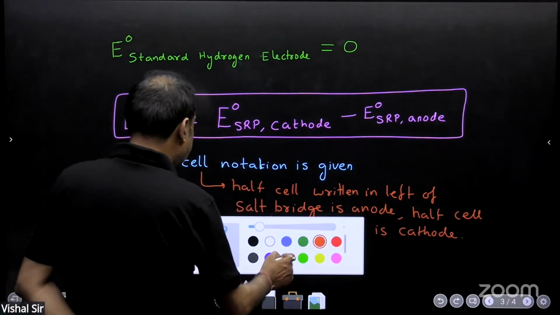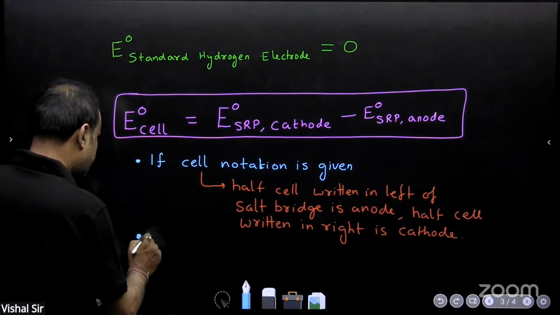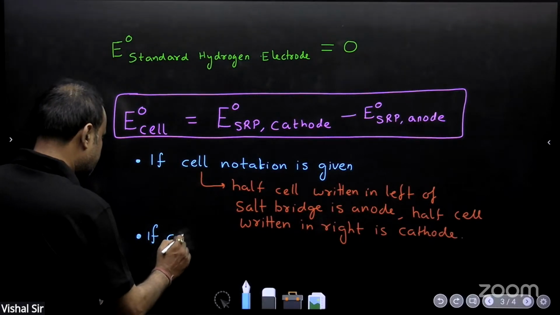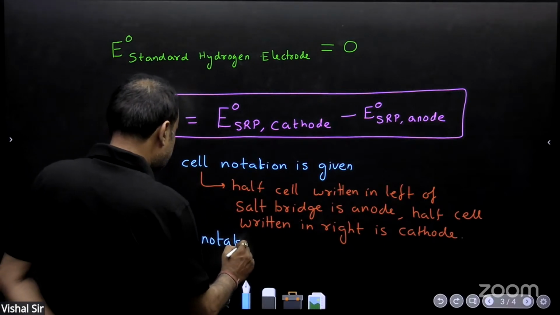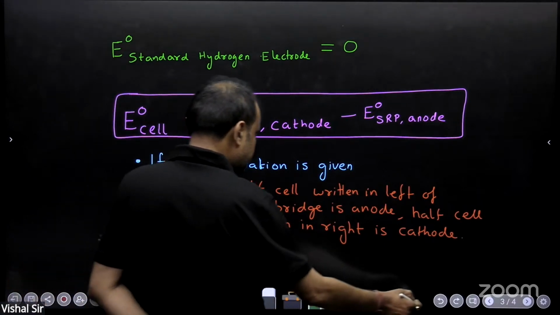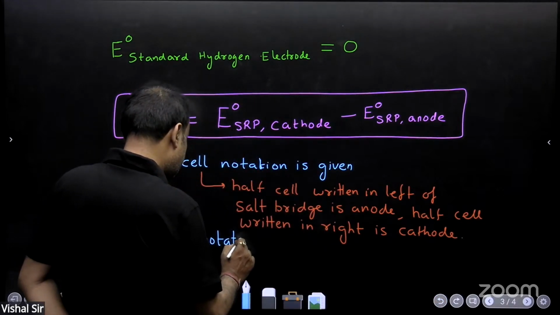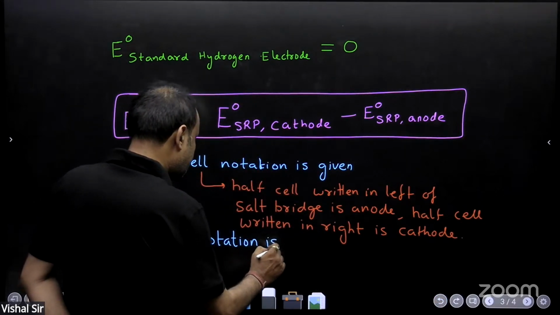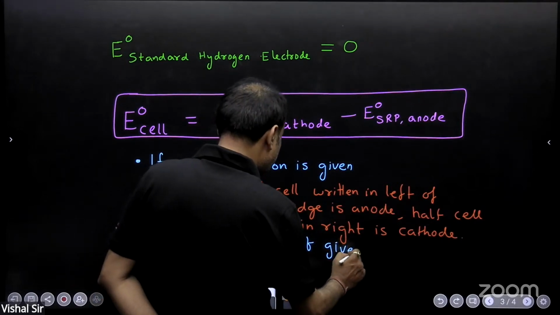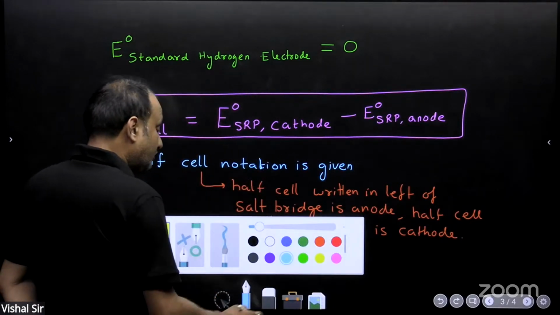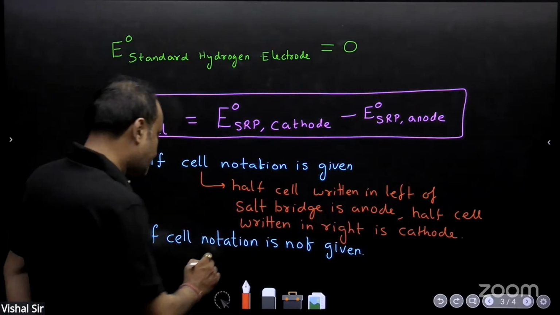If the notation is not given, so if you are not given the cell notation, then what will you do?